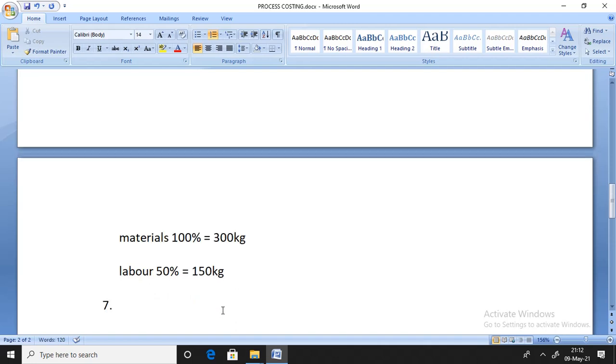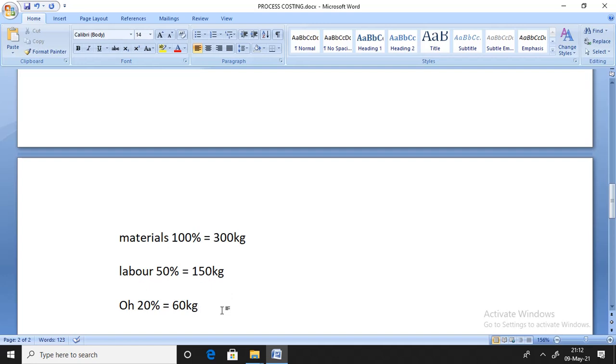In terms of overheads, which is another part of conversion cost, maybe you are told that this is about 20% complete. Equivalent units will be 20% of 300, which will be, of course, 60 kg.